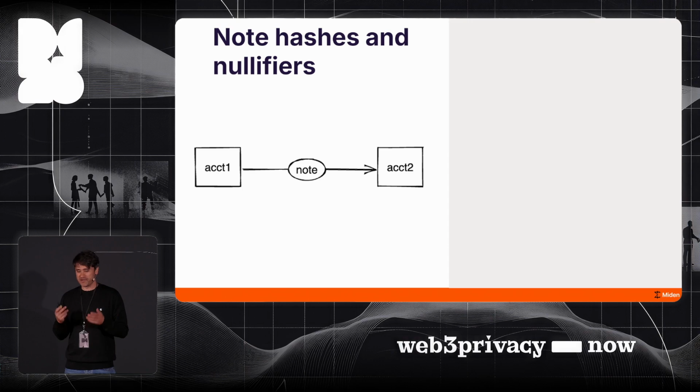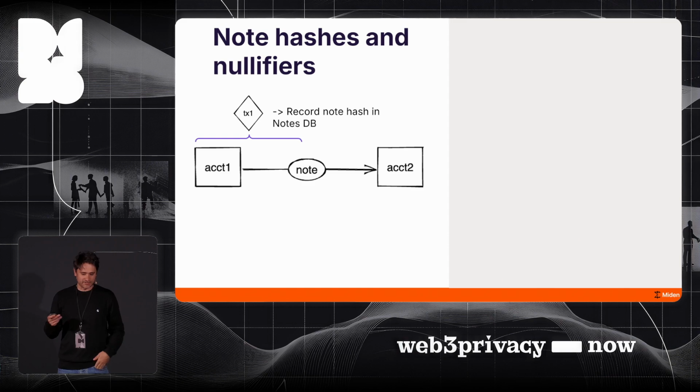But just a reminder, how does it work on Zcash, or in that case on Maiden, with these node hashes and nullifiers? How can I ensure that if you consume a node, we cannot detect it and say, okay, you consumed that node, so it's not private anymore? Basically, we need two transactions for a transfer of assets.